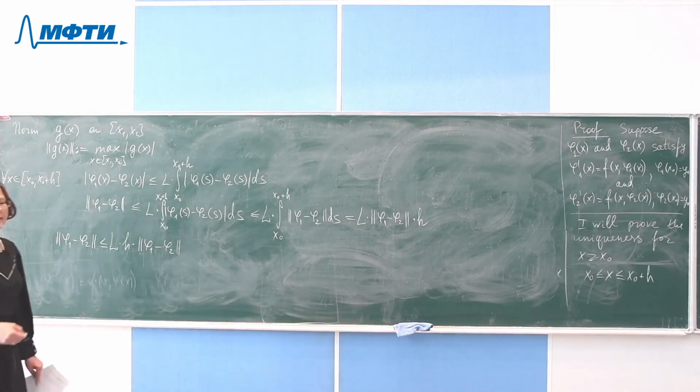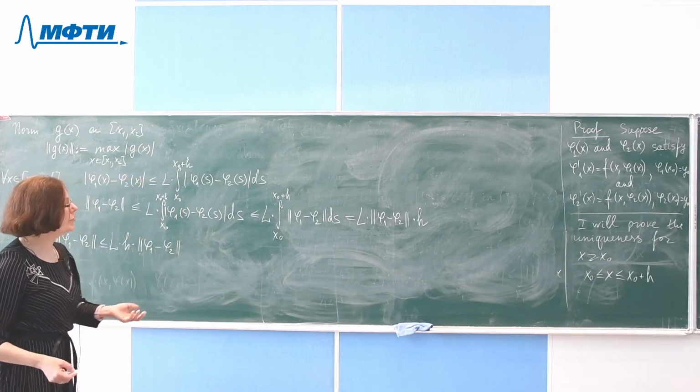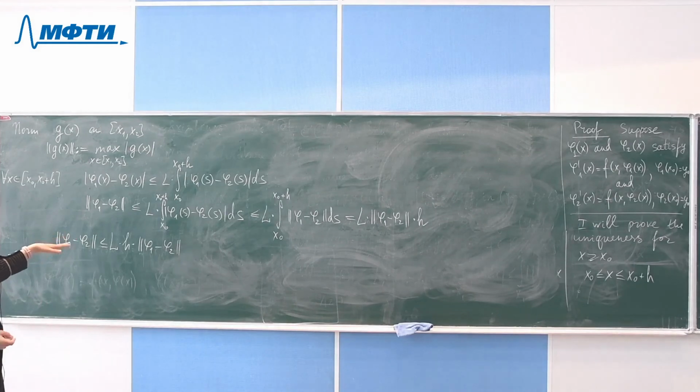Okay, and now, so I assumed that there are two different functions, phi1 and phi2, satisfying our initial value problem. I promised to show h for which the solution is unique.